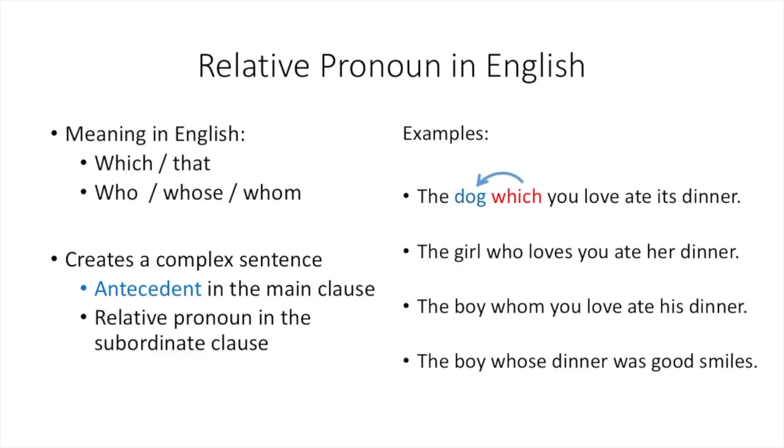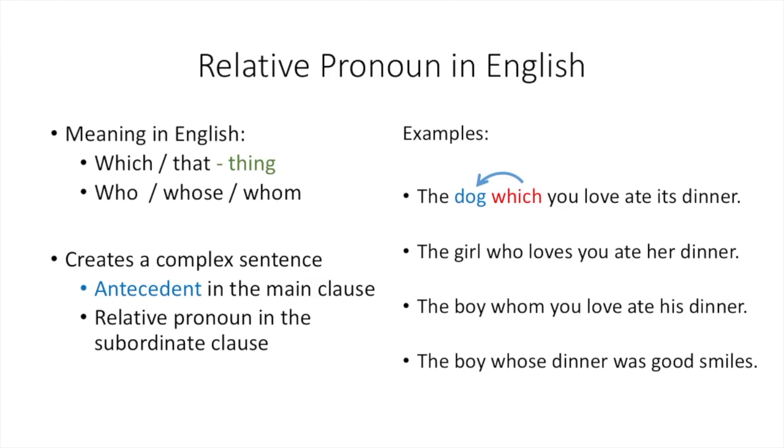So the dog, it's who or what the relative clause tells us more about. And then we also are using which in this sentence for our relative pronoun because which and that are used for things. They're the pronouns for a thing.